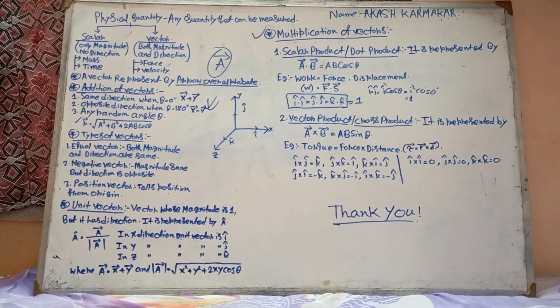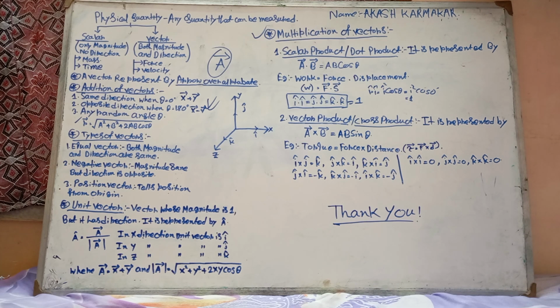If we take the a vector and its components, then a vector equals x vector plus y vector, and the mod of a vector is equal to root over of x square plus y square plus 2xy cos theta.